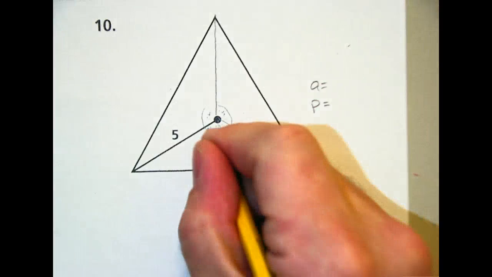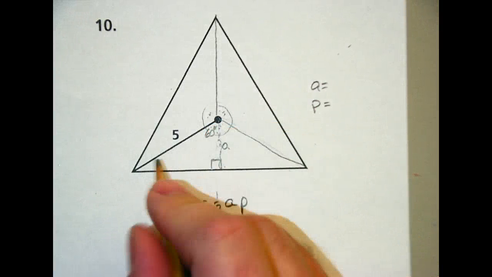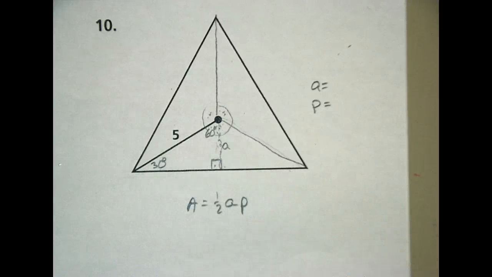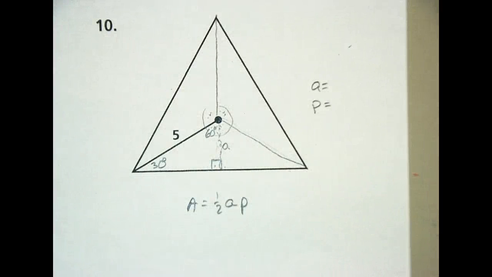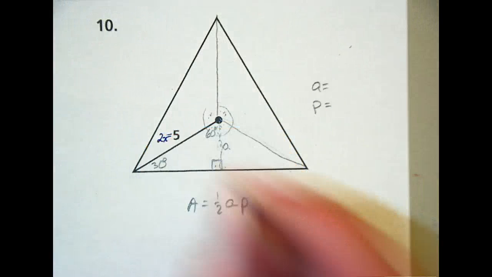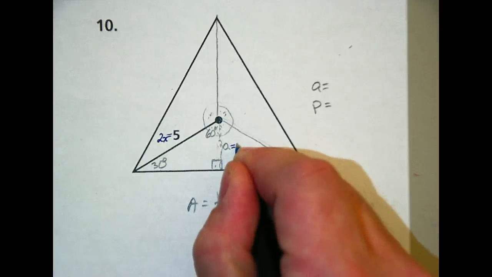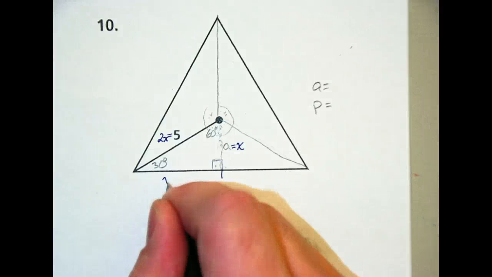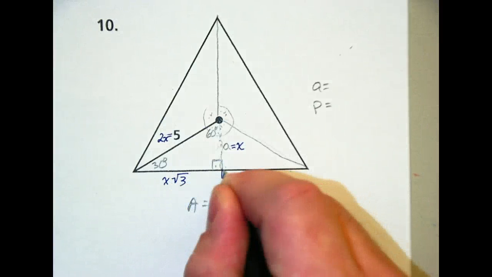So this is 60, which makes this 30 because we have that 90 there. There's our 30, 60, 90. And as it's been pointed out by a few of you, this length right here is 2x. My apothem is actually my x. And this length over here is x root 3, and that only goes halfway.